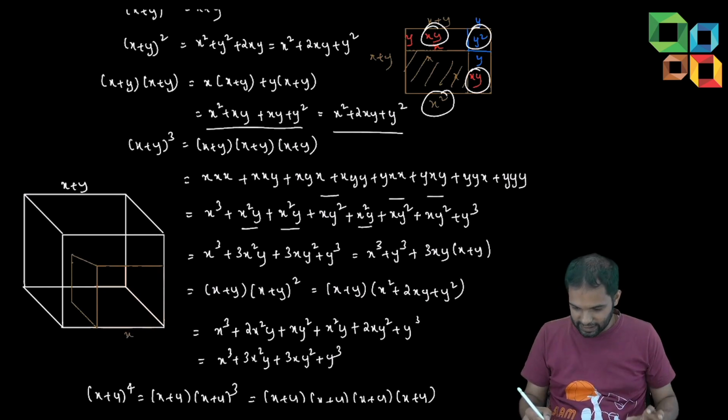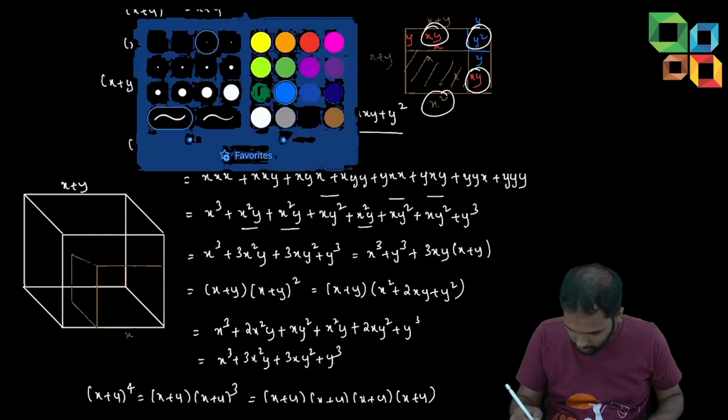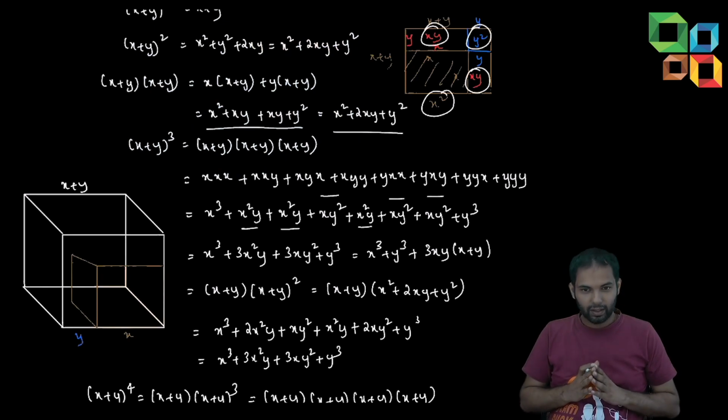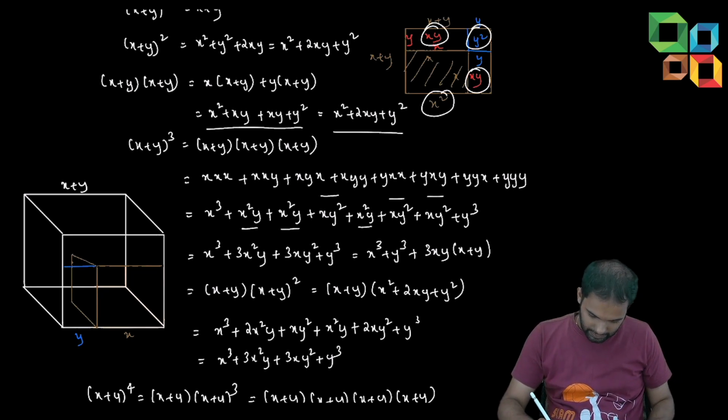Now because the length is x plus y, the remaining part should be y. So I'll try to use the same color. So let me use blue. So this part should be y. Correct. Similarly on the other side, it may not stop here. Look at this. Let me just join this line. Even this part is y. Even height wise, look at this. Even this part is y.